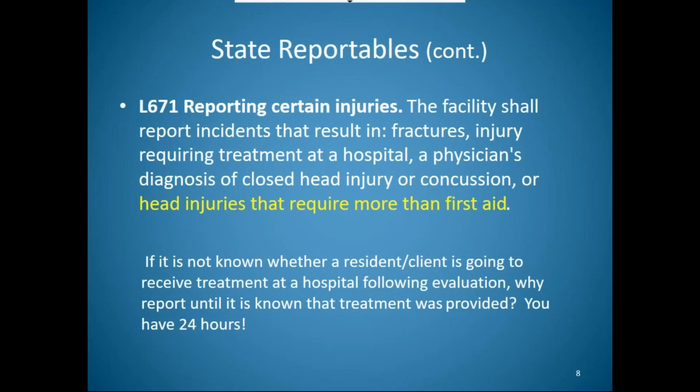Let's say a little resident fell. They started complaining of shoulder pain. So you send them to the hospital. They do a CAT scan or an x-ray, determine there is no fracture, send them back to the facility. That is not reported because there is no fracture and they received no treatment. All they received was a diagnostic procedure.